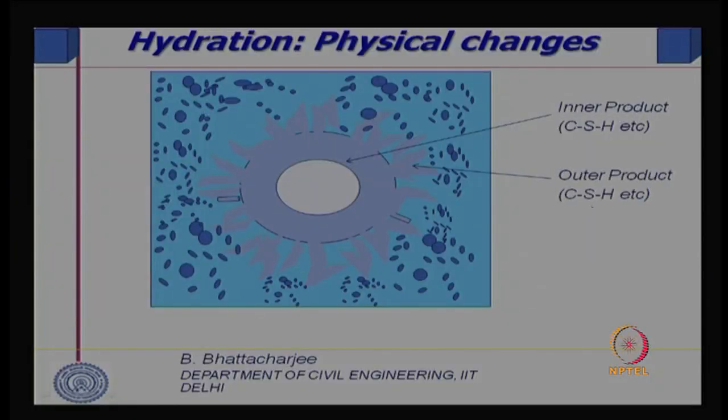Now, outer product obviously will have C-S-H, but it will also have some calcium hydroxide.